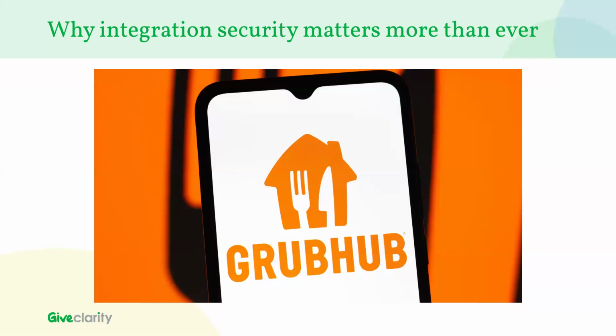Roughly what happened as part of the Grubhub breach is that Grubhub were one of the organizations affected by an earlier attack on a specific integration, an app called Drift.